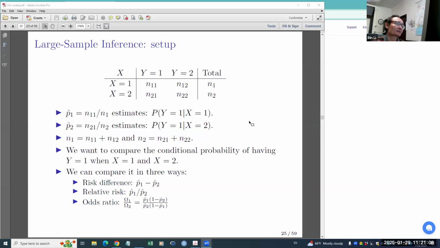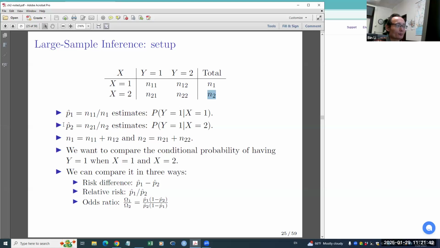Okay, so the large sample inference setup is X and Y, both binary. We have this data, right? So we can estimate the conditional probability for Y equals 1 given X equals 1. That's N11 over N1. N1 is the row margin count, the first row count, and this is the second row.